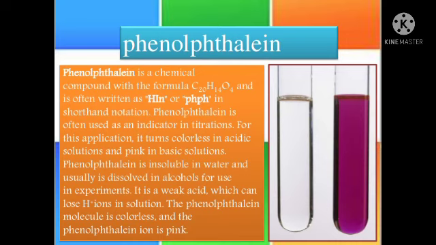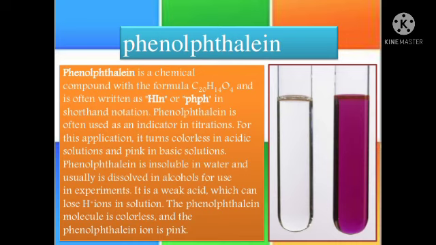Now, the phenolphthalein indicator, this is an artificial indicator. Phenolphthalein is a chemical compound with the formula C20H14O4, carbon, hydrogen, oxygen, and is often written as HIn or phph in shorthand notation. Phenolphthalein is often used as an indicator in titrations.